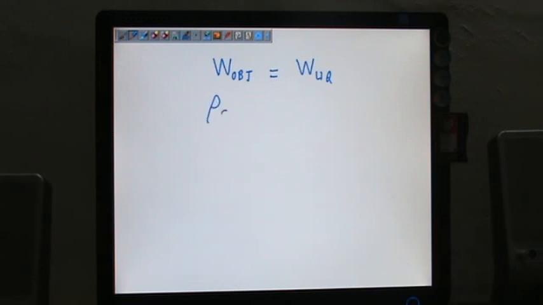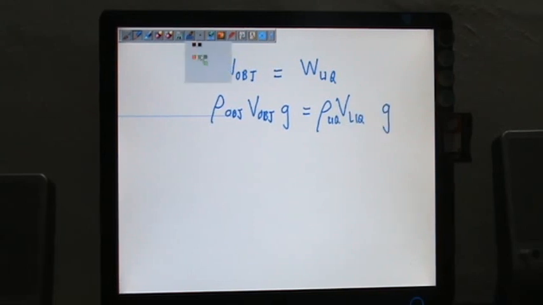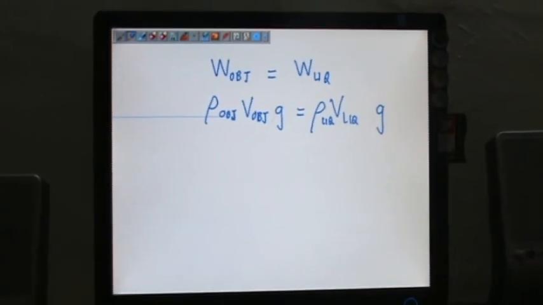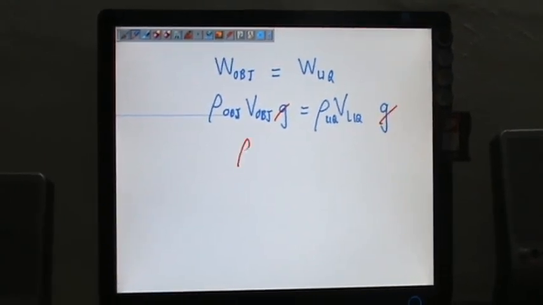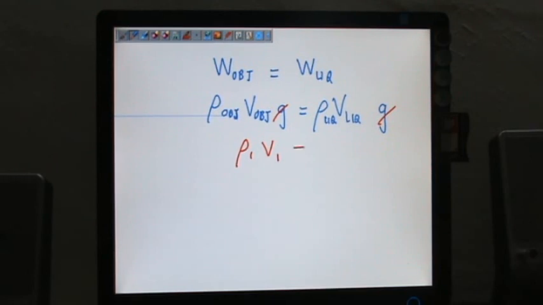So you have rho object, V object, g, and then you have rho liquid, V liquid, and g. You see, you could actually cancel the g quite easily, and you have, I'll just write, rho 1 V1 equals rho 2 V2. We will work through some example calculations later using rho 1 V1 equals rho 2 V2.